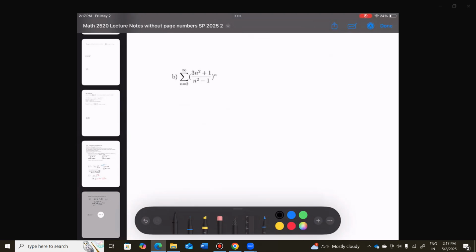And then the summation of 3n squared plus 1 over n squared minus 1, to the n. Do the limit as n goes to infinity of 3n squared plus 1 over n squared minus 1. And we can divide everything by n squared.